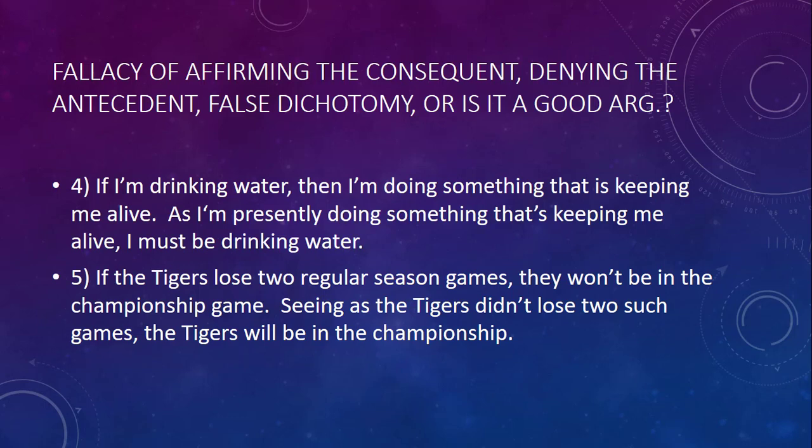It's false that the Tigers lost 2 regular season games. And then what is concluded here is that the Tigers will be in the championship. In other words, the consequent is then denied. The consequent is that they will not be in the championship game. So when you deny the consequent in this case, what will occur is that you have the opposite of it. In other words, the Tigers will be in the championship.